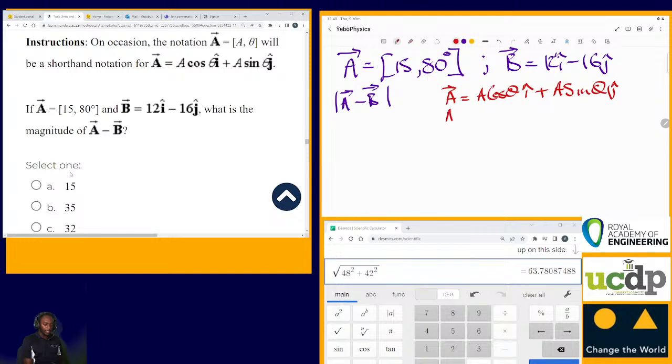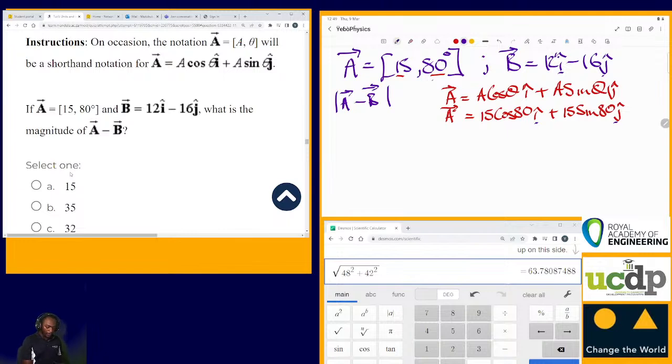So which means our vector A is going to be equal to 15 cos 80 in the i direction plus 15 sine 80 in the j direction. That becomes our vector A. All right, so we've expressed this in the same notation so that we can add or subtract the two vectors in a similar way, right?